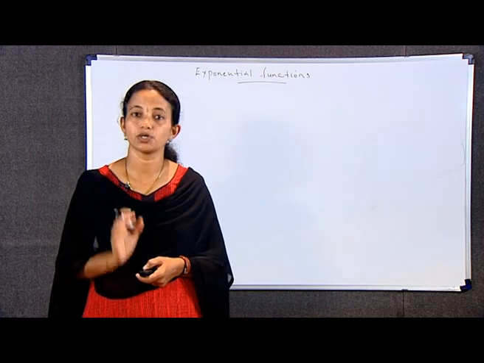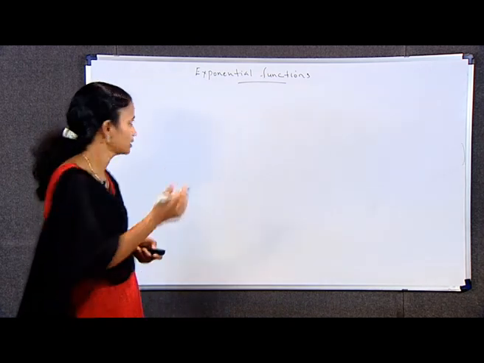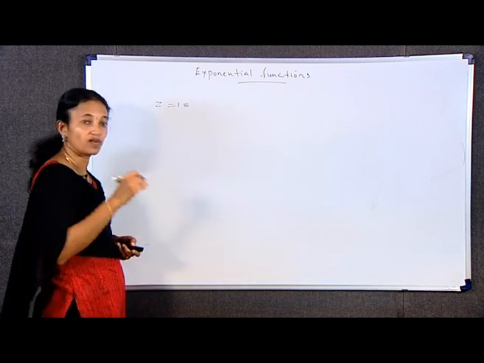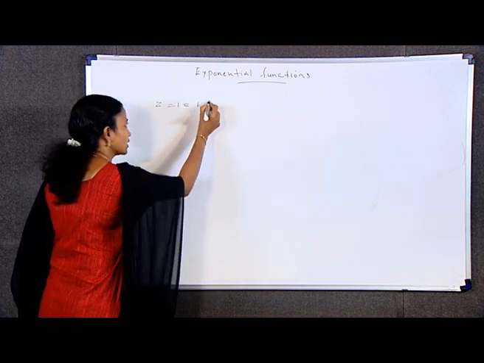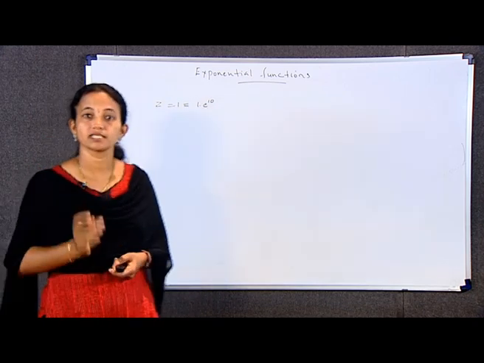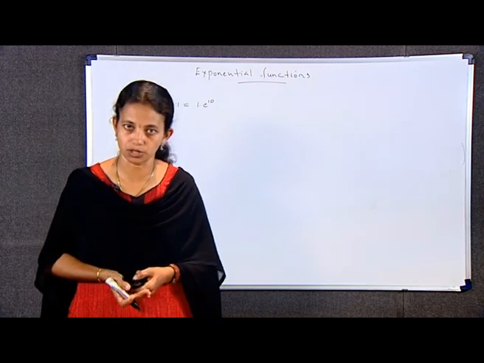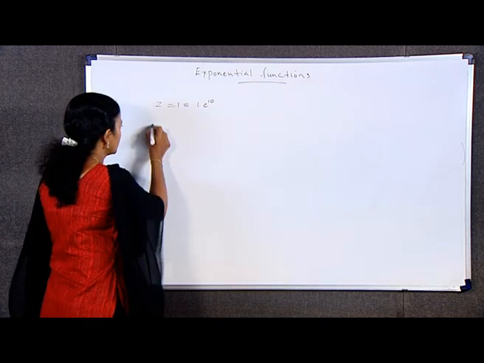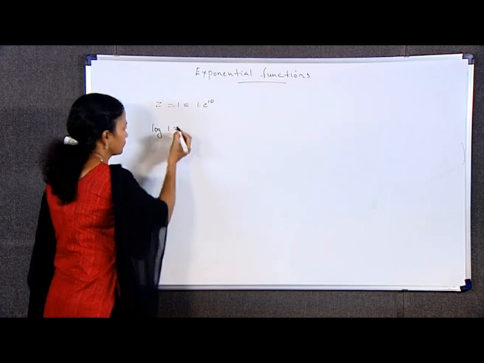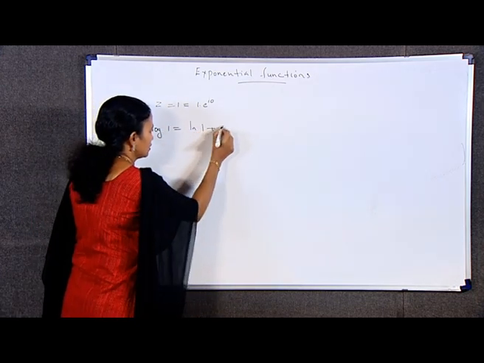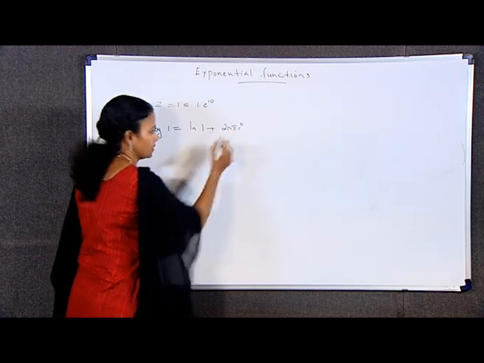With z is equal to 1, we can write it as 1 into e raised to i 0. We have r is equal to 1 and theta is equal to 0, and using equation 1 we obtain log 1 is equal to ln 1 plus 2n pi i.